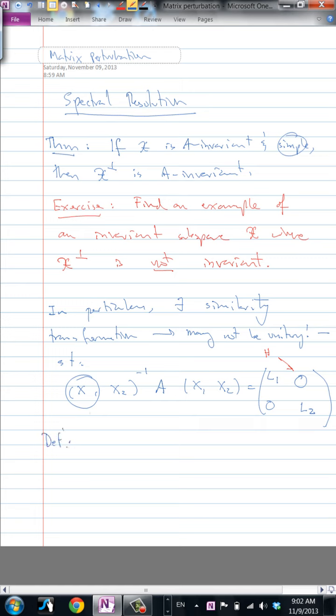A further consequence is that x2 isn't just arbitrary, that we can do this in the following way. So let me write this out a little more carefully.